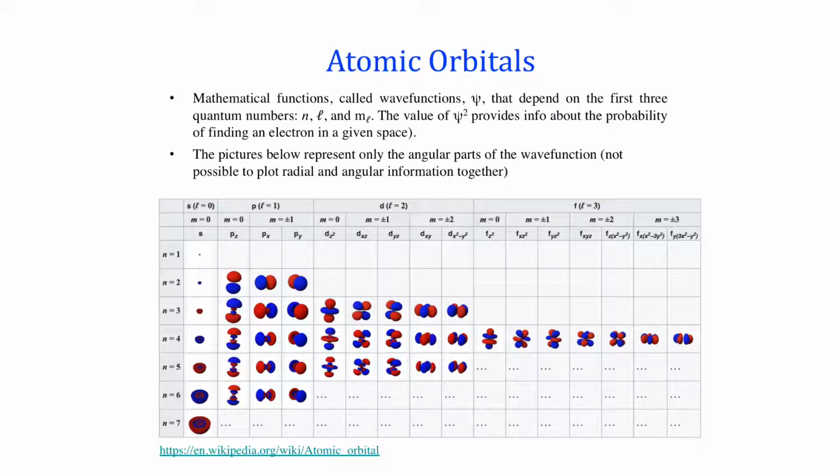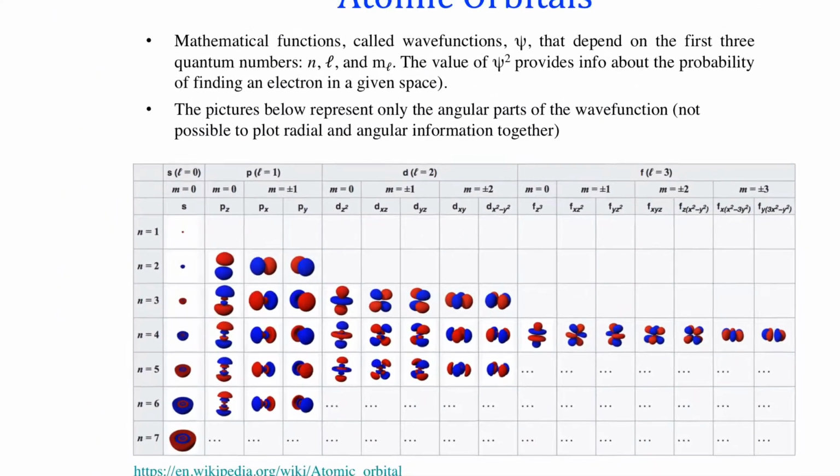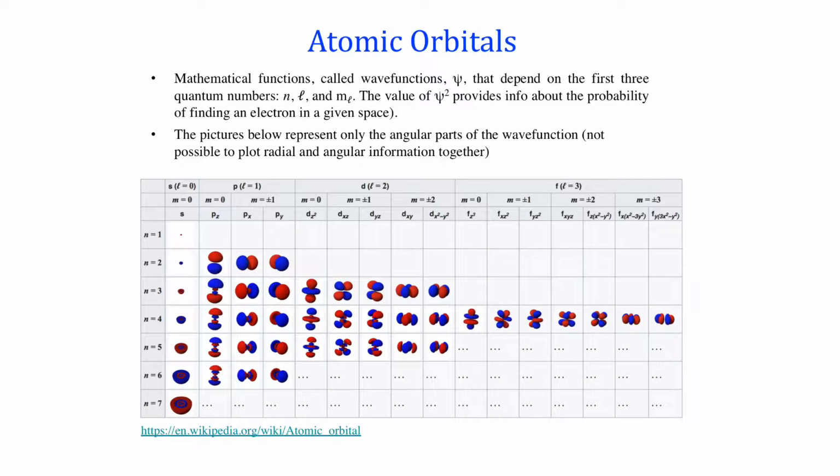Okay, so you'll notice that all of your s orbitals, so when L equals 0, remember that's an s orbital, are kind of tiny. I'll try to zoom in here, but you can see that they're all spherical in shape. These are just cut in half down here to show you that as you get to higher energy levels, you get slightly more complicated orbitals.